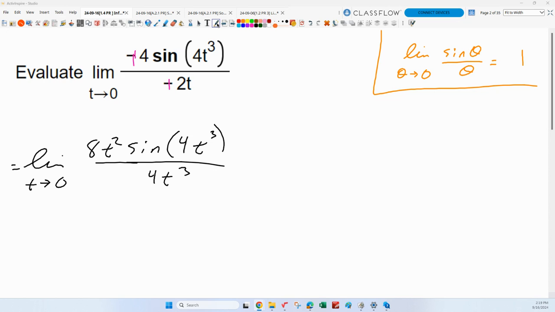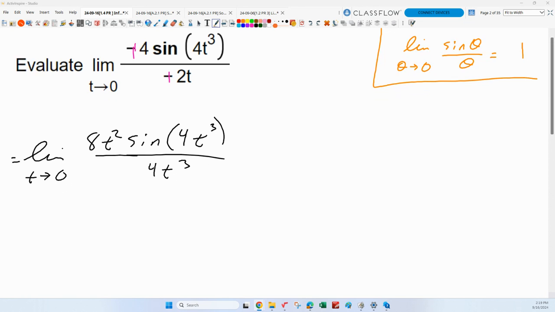Okay, so now what? I can't move the 8t squared out in front because it includes a t, and I can only move constants out front. But I could split this up into 2 separate limits because I have an important property of limits here. Remember, the limit of f of x times g of x as x approaches a is equal to the product of the separate limits.